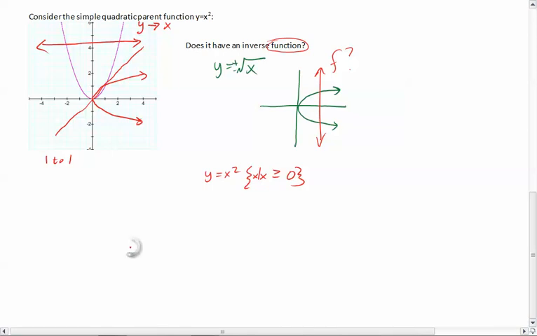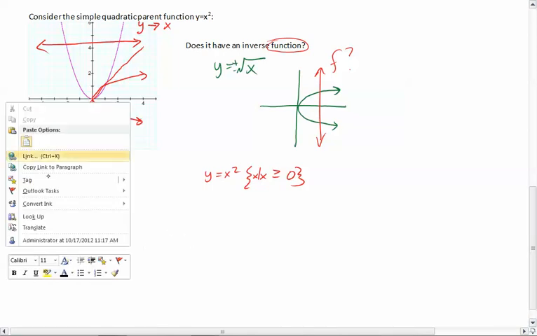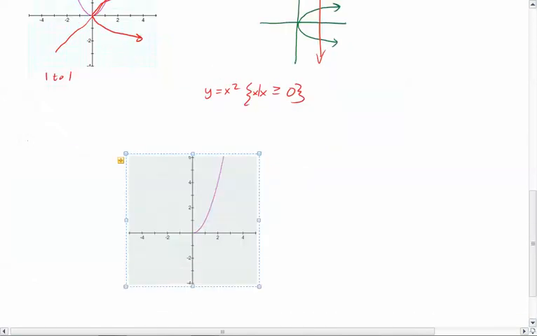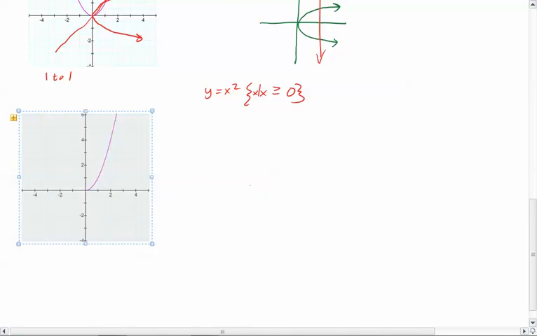Now, of course, to solve this, we just did that. So what we're going to do now is paste this graph, and now we've adjusted it so that we have y equals x squared restricted to the domain of all the x's greater than 0. Since we're at it, let's do the inverse stuff and look at it.